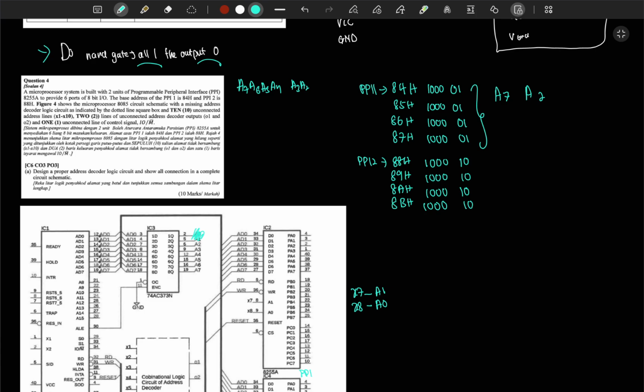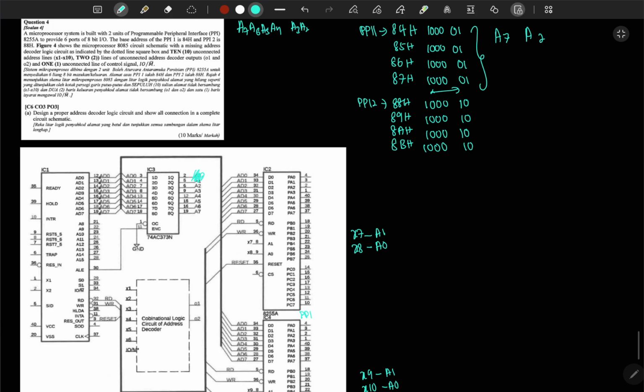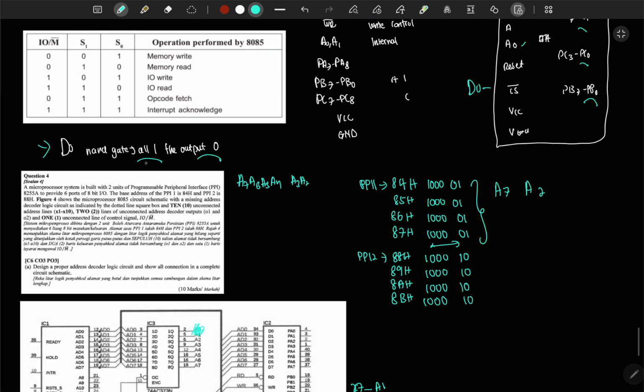We also need to know that the balance are always 0. And then our IO, where's the IO? Our IO or memory should be on. Now we know that if all 1, the output is 0.